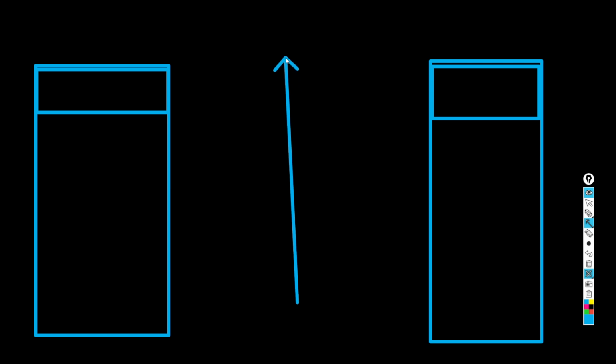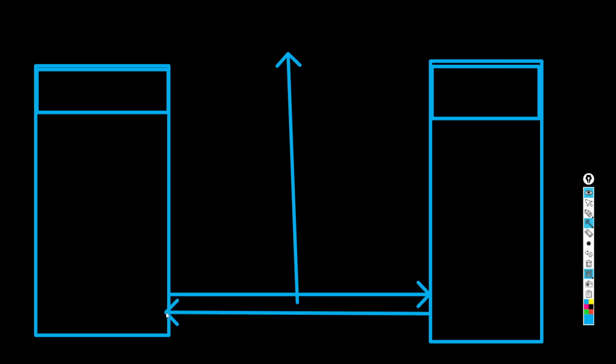In the OSI model, we have the data link layer. The data link layer can simply communicate with the computer language, that is the binary language, right? That's the one possible way.